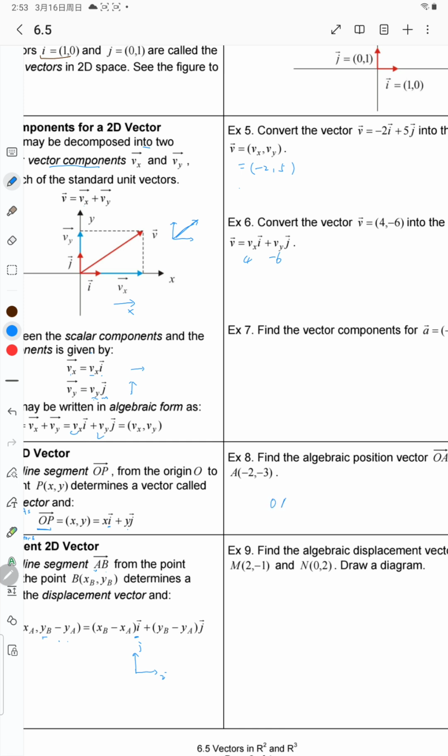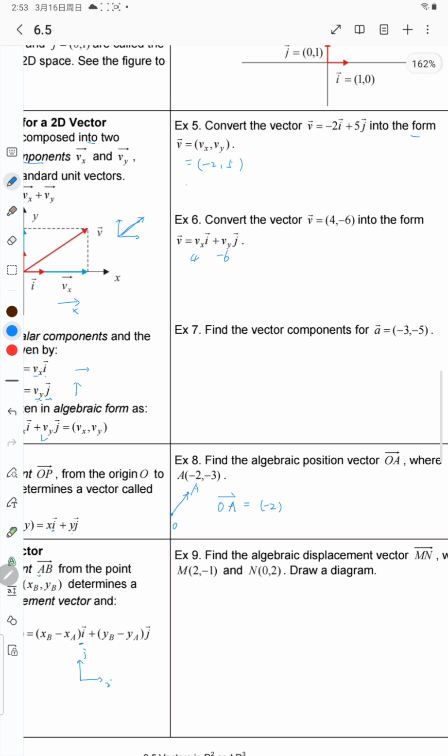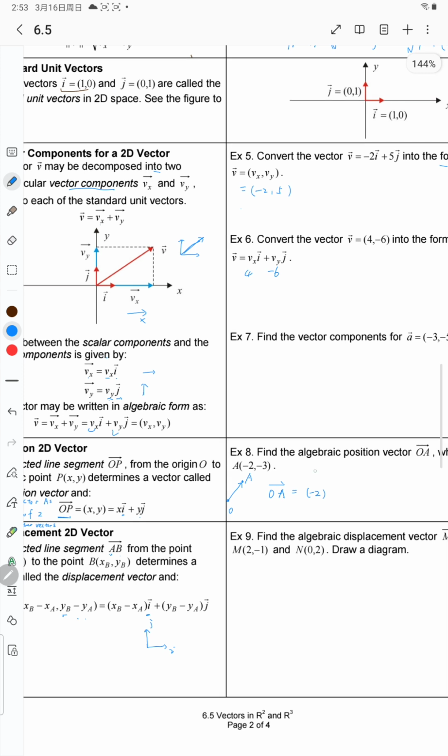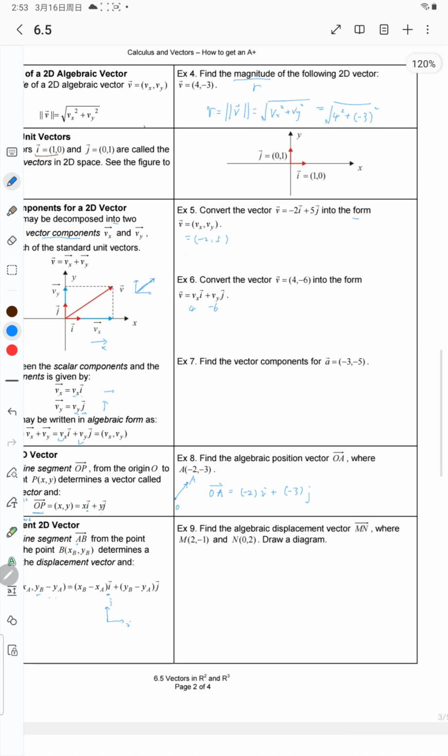And O is just the origin, right? A point also defines a vector emanating from the origin. So we write it as the sum of i and j, so -2i plus -3j, something like that.